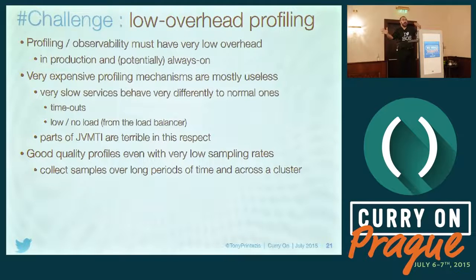So the longevity of the JVMs and also how many we run, and we collect all the profiles together, I think we can actually get something that is statistically significant.